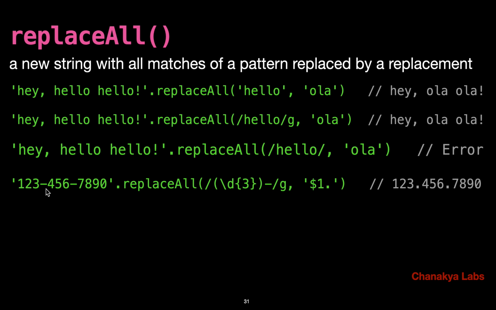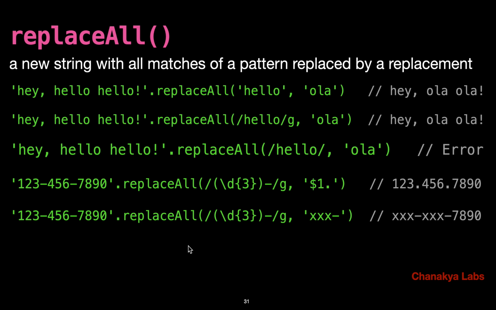So first time the match is 123, and that's why 123 hyphen will be replaced with 123 dot. Second time, since it is a global match, it will keep on replacing everything. 456 hyphen will be matched and replaced with 456 dot. So you will get something like 123 dot 456 dot and then 7890.